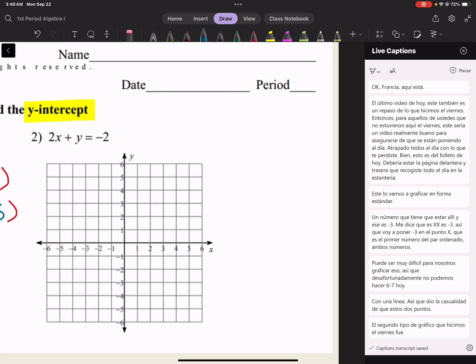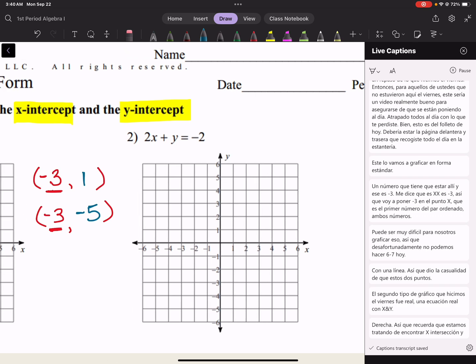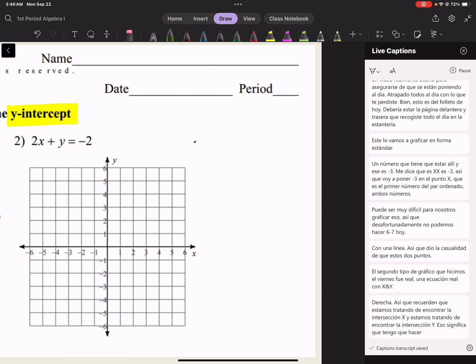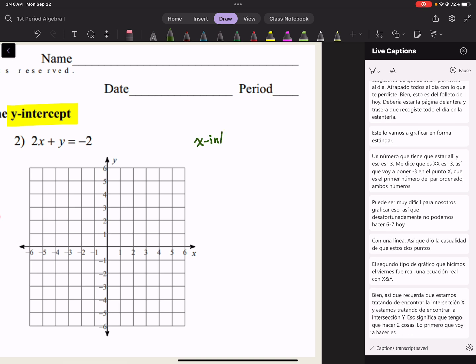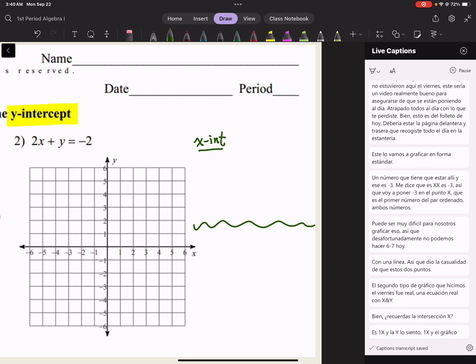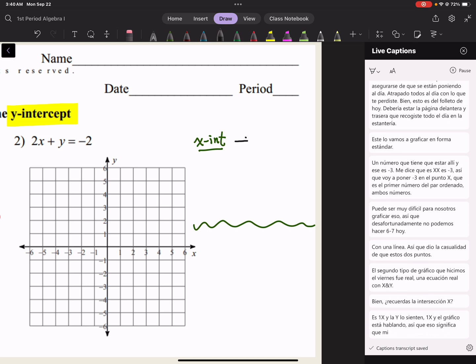Right? So remember, we're trying to find the x-intercept and we're trying to find the y-intercept. That means I have to do 2 things. The first thing that I'm going to do is find my x-intercept. Remember, the x-intercept is when x and the graph are talking. So that means that my y is not in the conversation. That means that my y is 0.